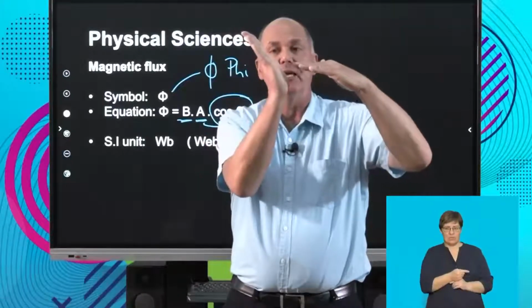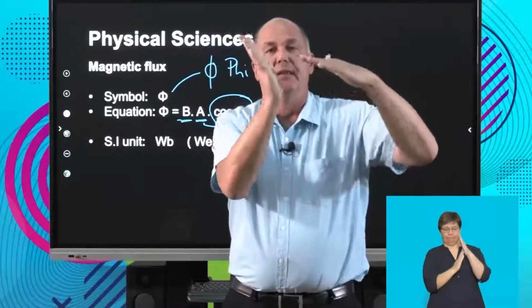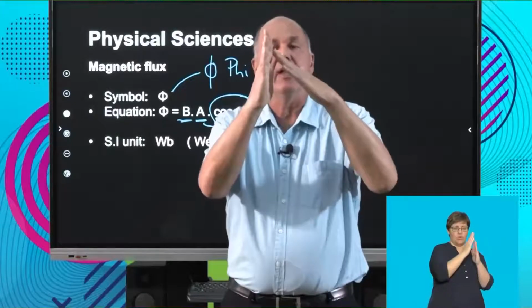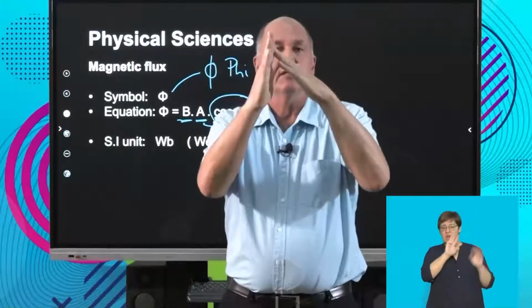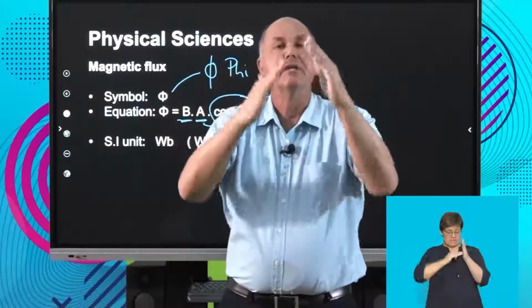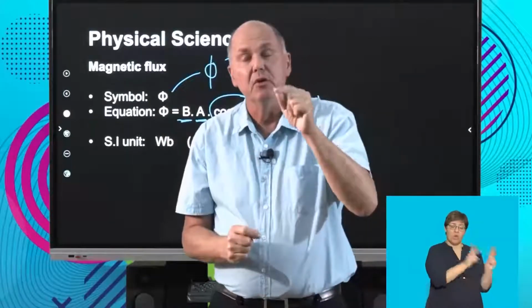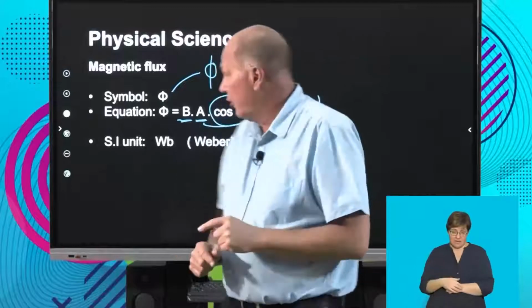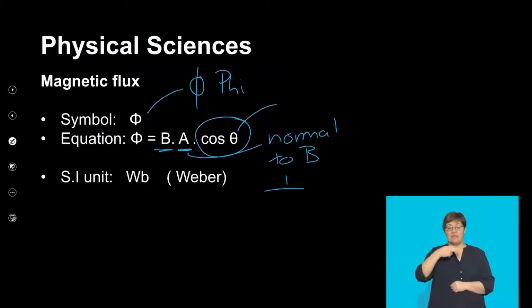Say we examine a situation where the field lines are passing through at an angle. They're not at 90 degrees. Then we will have to take a look at making it the difference in the angle between the normal and the area. So this angle theta is the angle between the normal and the area.